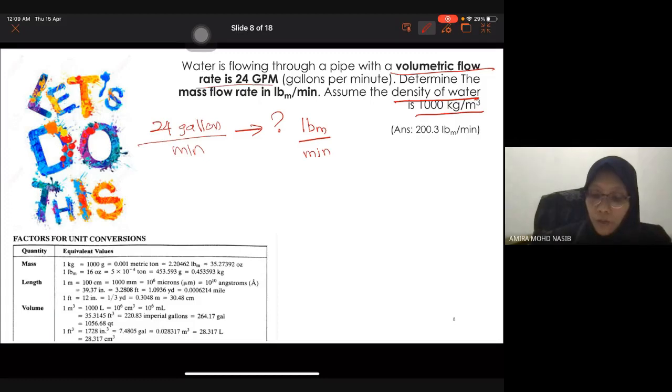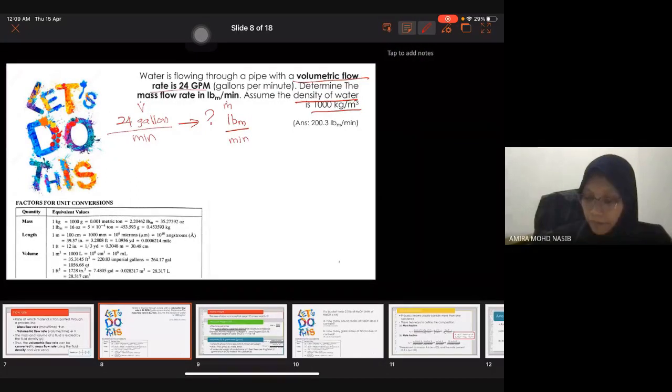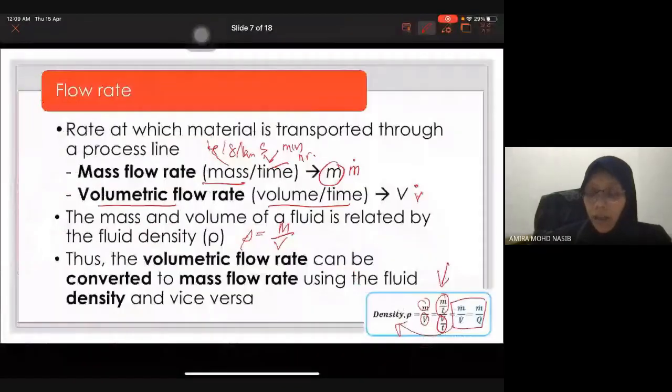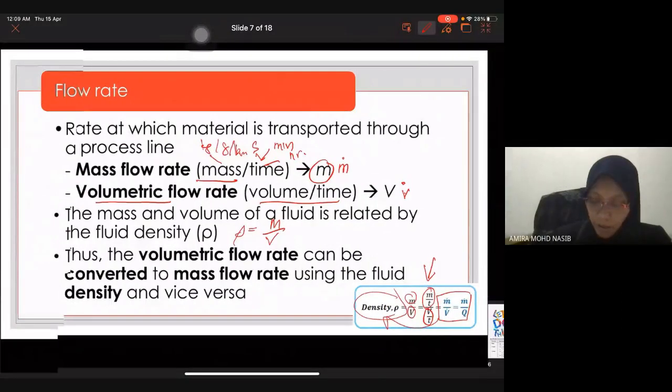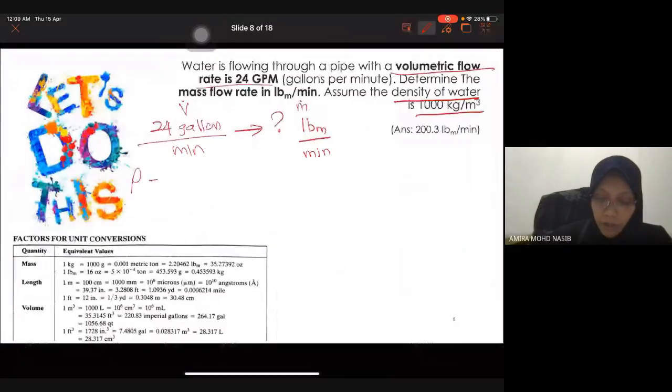Okay, so this one is volume flow rate, and this one they want to change to mass flow rate. But it's given the density. As I mentioned just now, you can correlate your mass flow rate and volume flow rate with the density. So using the same equation, density equal to mass flow rate over volume flow rate.